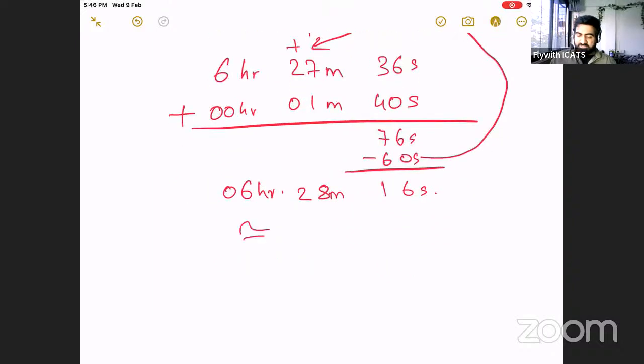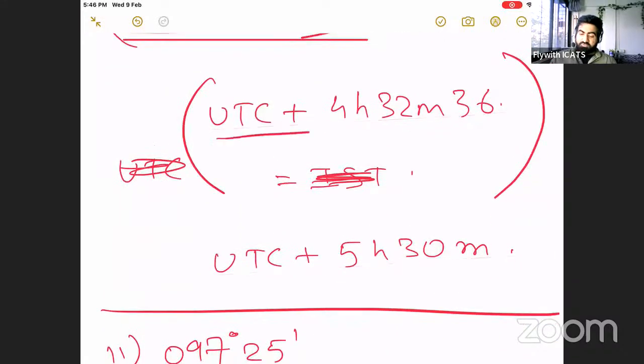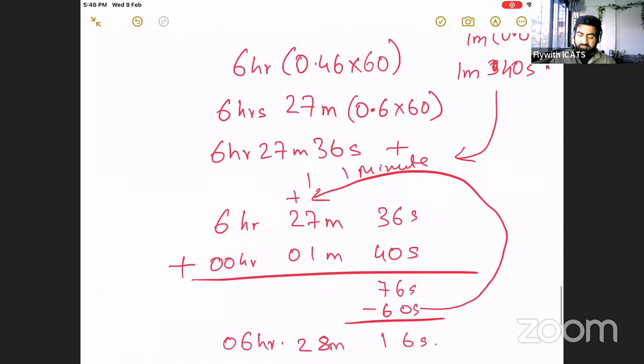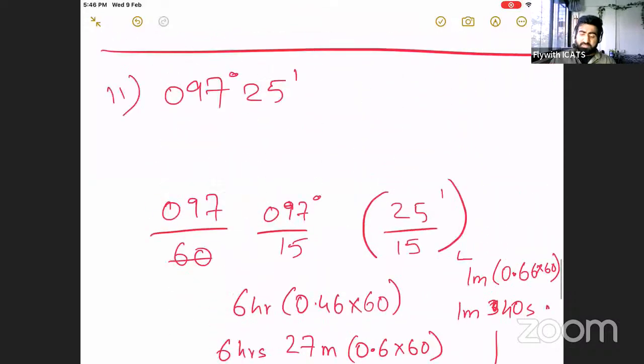In some places you will see this answer rounded off as 6 hours and 30 minutes also. Now, how much is the difference? The most eastern point's LMT is almost 1 hour ahead of the IST, and the most western is almost 1 hour behind.